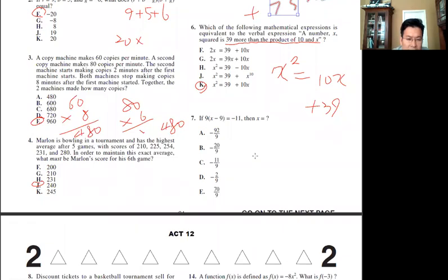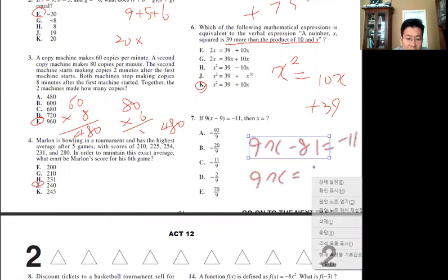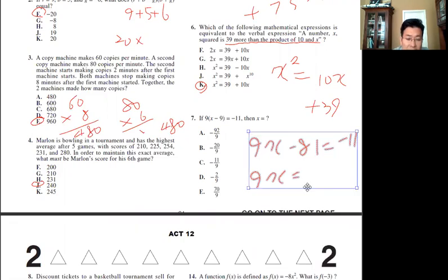So you distribute first. 9x minus 81 goes minus 11. So 9x is now minus 11 plus 80, which means 70. That's why 9 over 70.